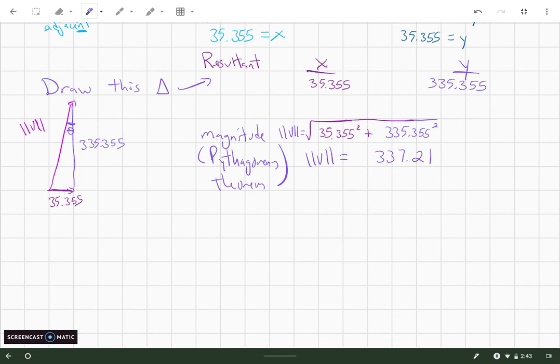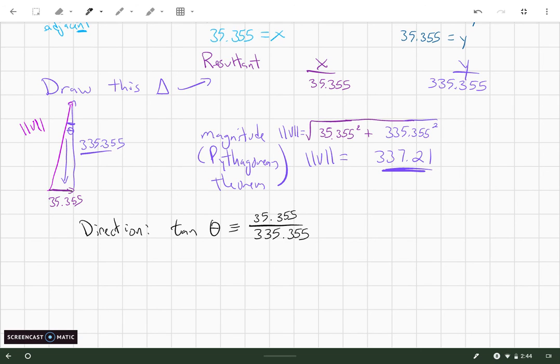Okay, so we have the opposite, we have the adjacent. So the one that we want to use, again, is tangent. I guess you could use sine, but since we had to approximate, I would just use the two sides that we have. I'm going to do the theta in black. So we can say tangent, and this is for direction. Tangent of theta is equal to opposite, which is 35.355, over the adjacent, which is 335.355.